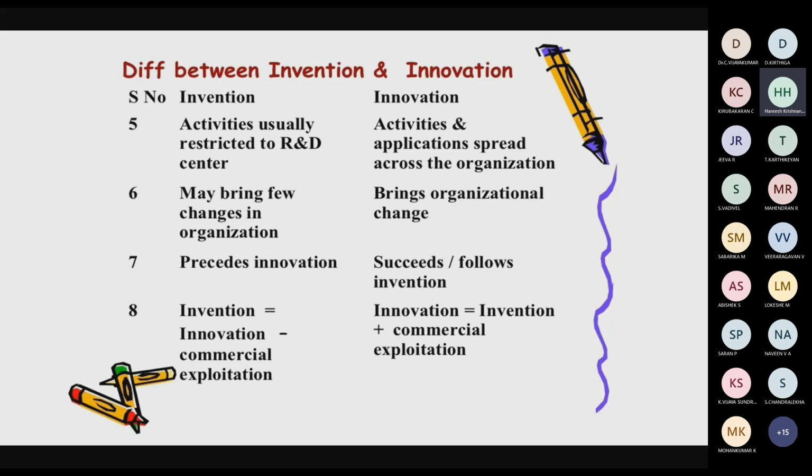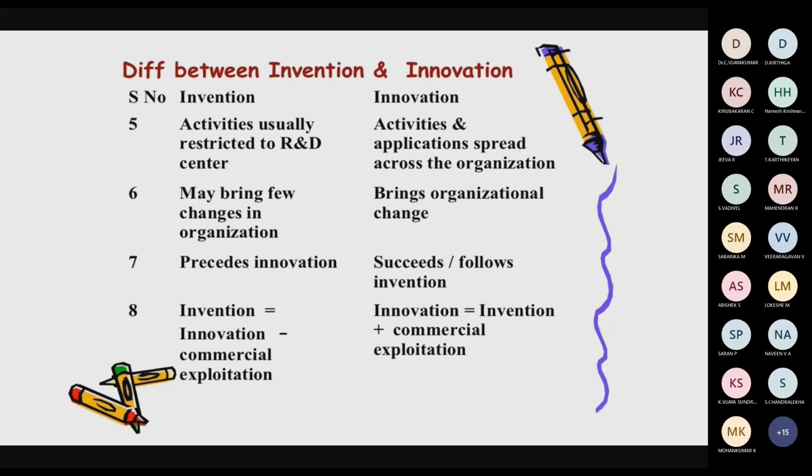So we need coordination from other departments, like the production department, the quality checking department, and some other departments also. So a group of departments will be there to analyze the innovation, and the activity will usually be beyond the R&D centers.